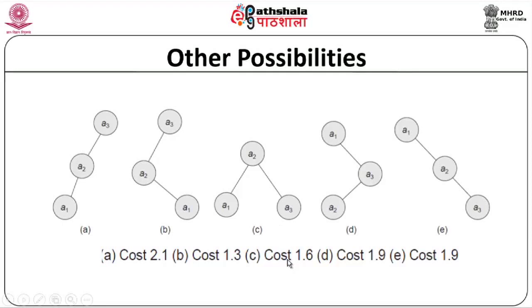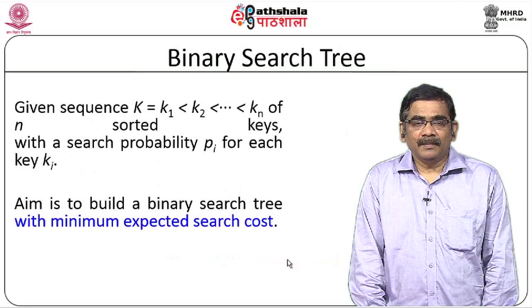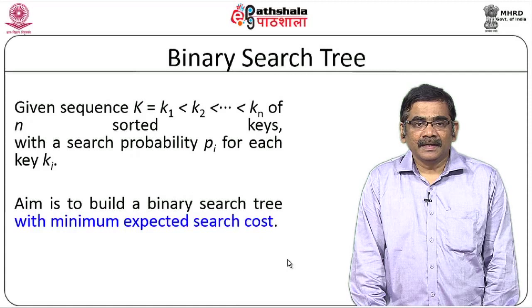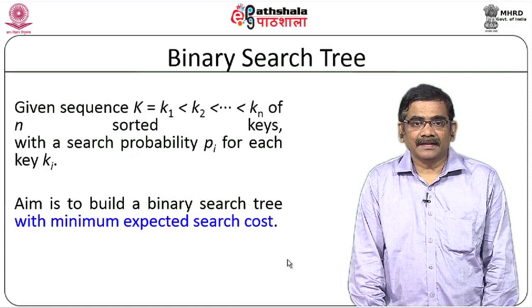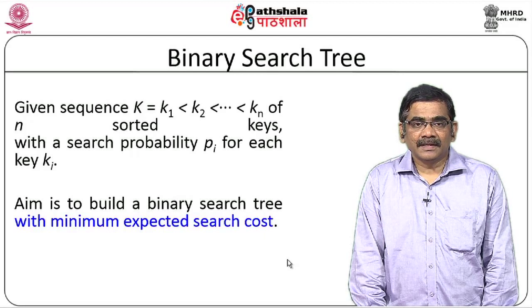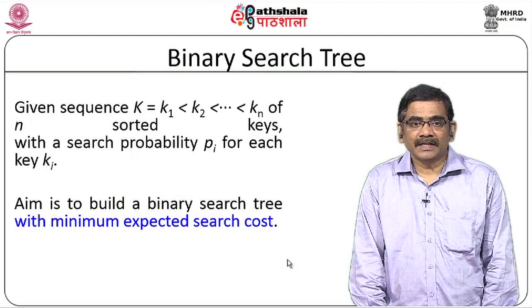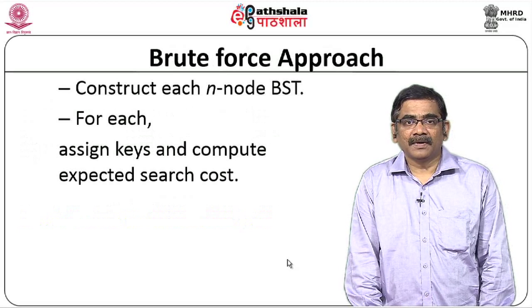So, the concept of the optimal binary search tree comes into picture whenever we are seeking a minimum cost for the constructed BST. The problem of the BST can be defined like this. We have a set of keys and every key is associated with a probability, and the aim is to construct a BST with the minimum cost.